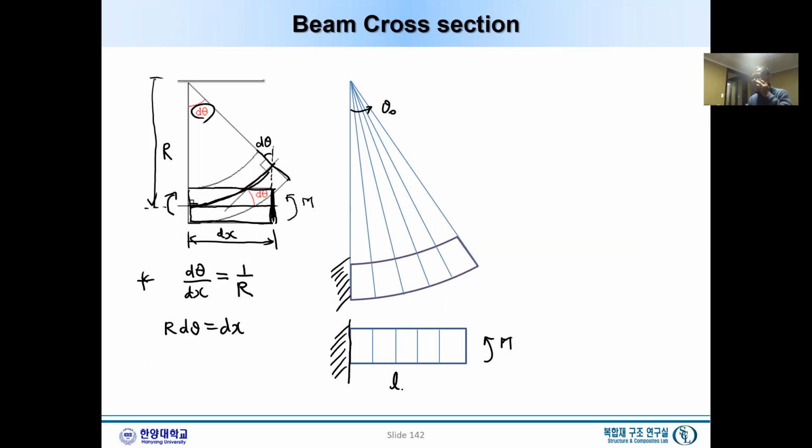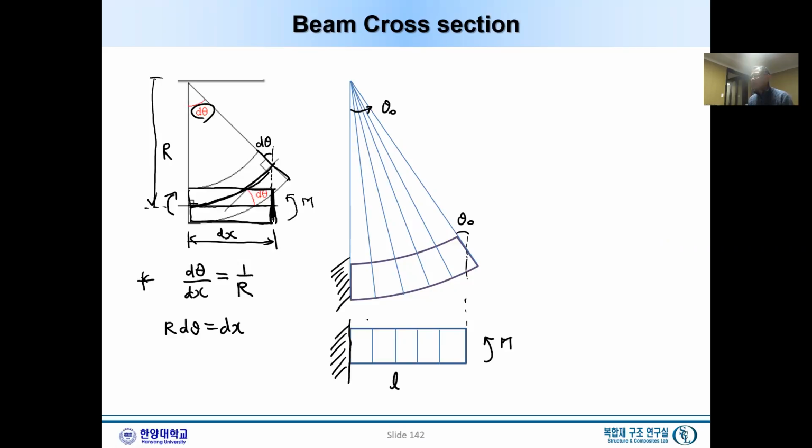Now remember we are considering length L, and this cross section originally was vertical, and now it is rotated by theta 0. And actually, we have many vertical lines which indicate how much the cross section rotates.